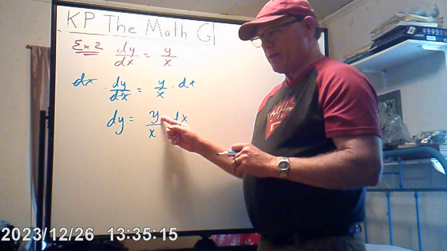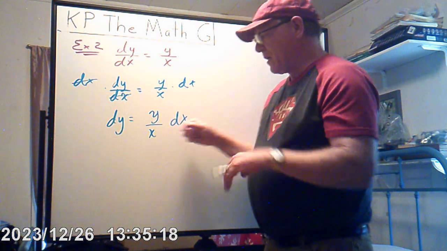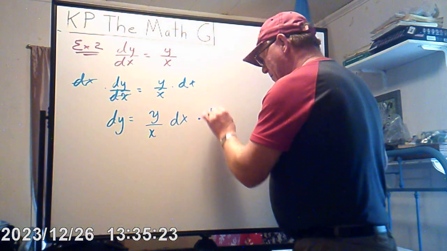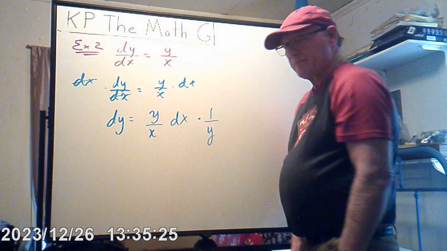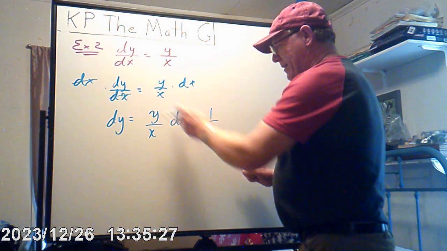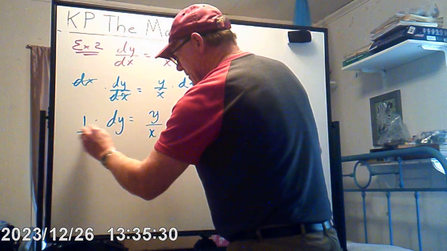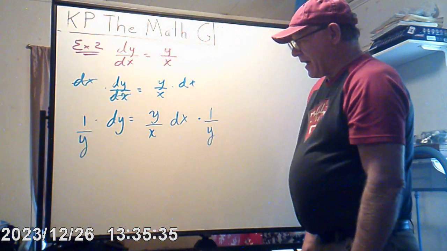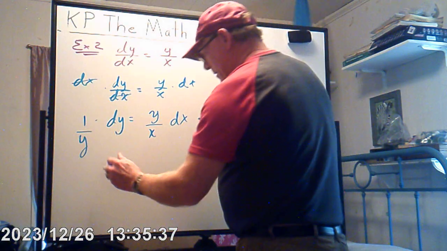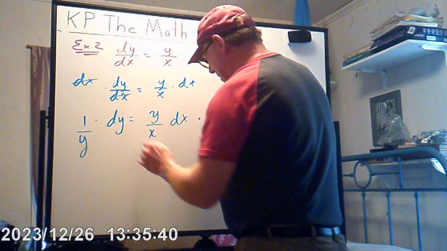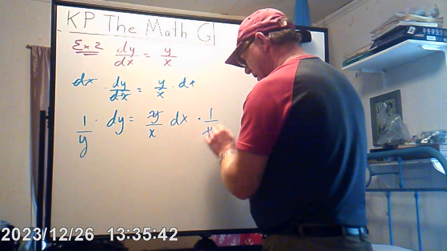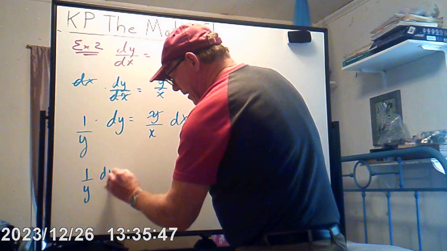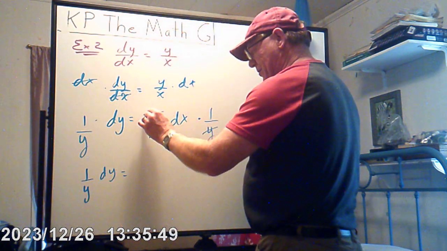Now, since this y is in the numerator, I can get rid of that by multiplying by 1 over y, can't I? That'll get rid of the y's, but when I do it on one side, I do it on the other. Now look at this, this is 1 over y dy. These y's are going to cancel out. This is really a 1 here.